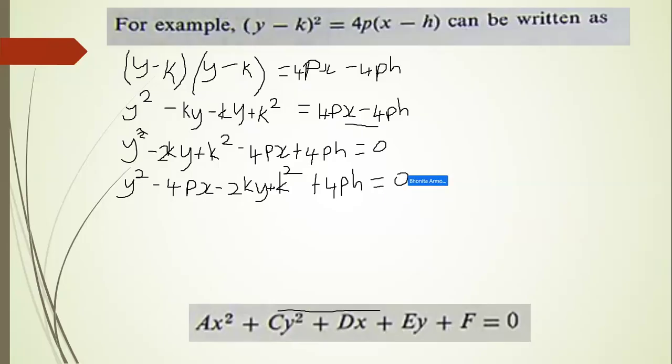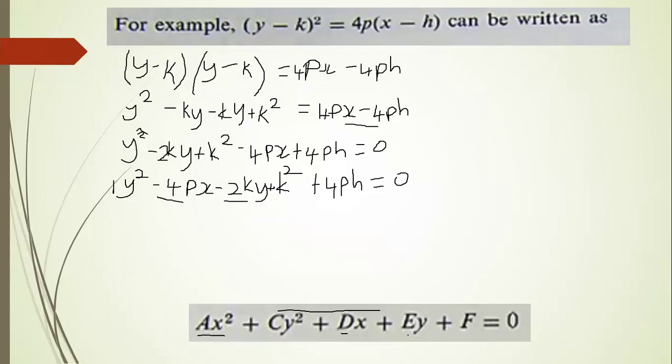So in this rearranged equation, we do not have an x squared term, so basically a is equal to 0. Our c term would be 1, since there is a 1 on the y squared term. For d, d is equal to minus 4p. E would be minus 2k.